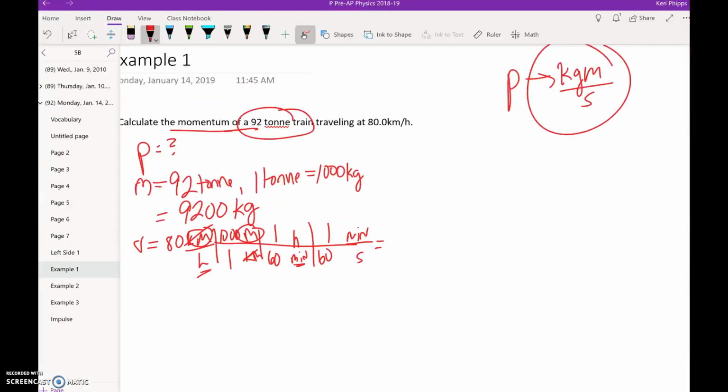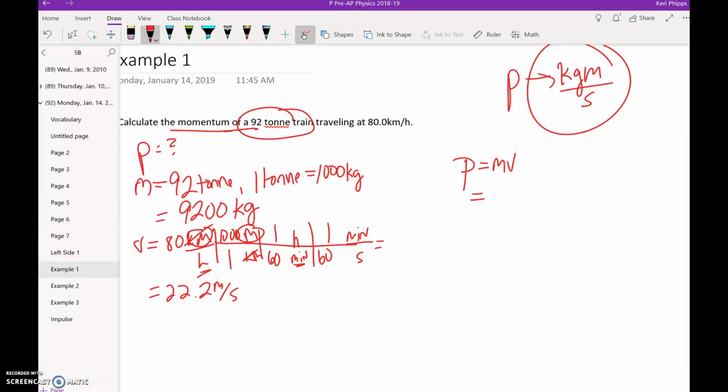when you do that conversion, you end up with 22.2 meters per second. So now that we have our conversions made, we can go ahead and plug it into the equation where P, momentum, is equal to mass times velocity.